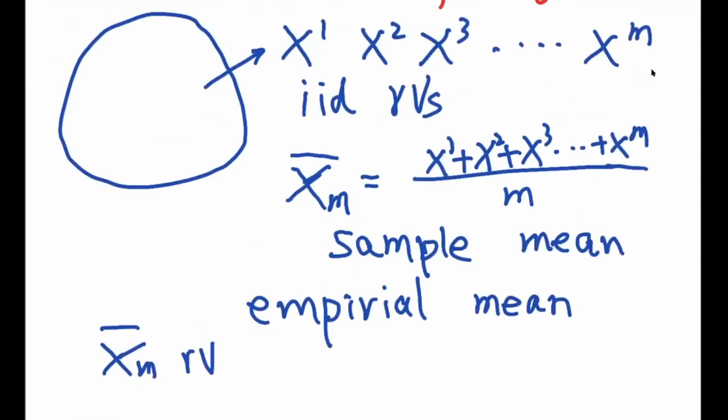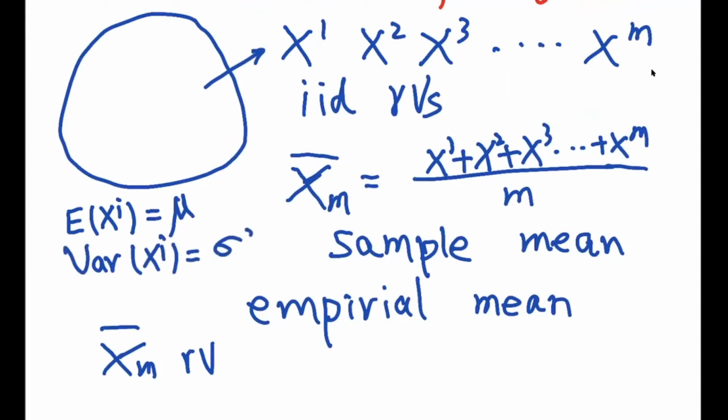And for this distribution, the expectation of each random variable Xi, we set it to mu. And the variance of this distribution is sigma squared.